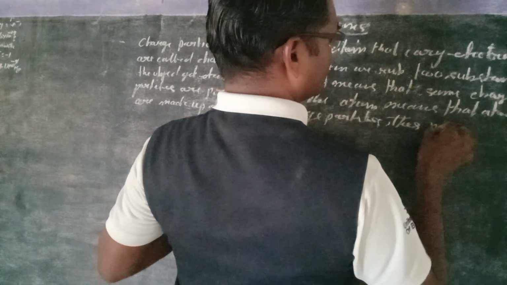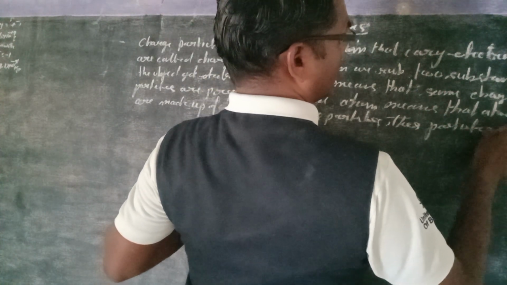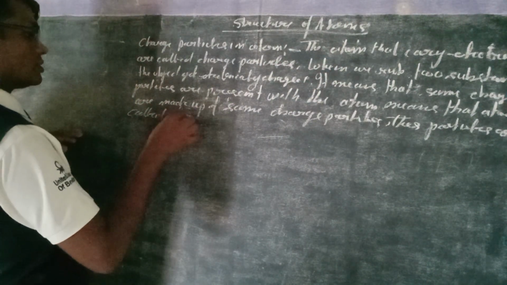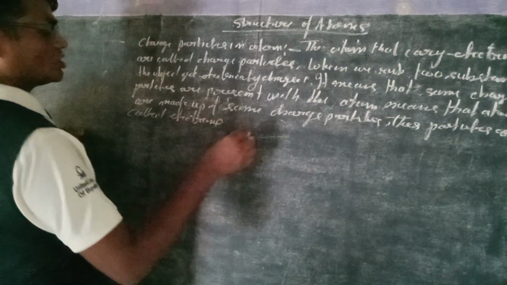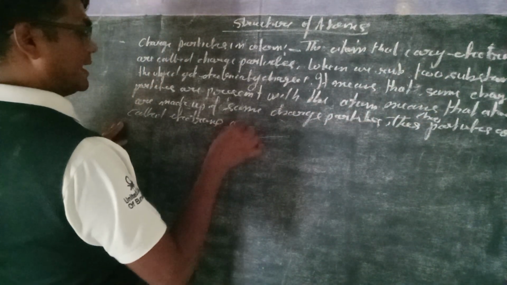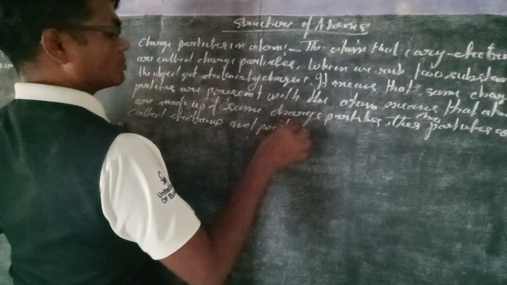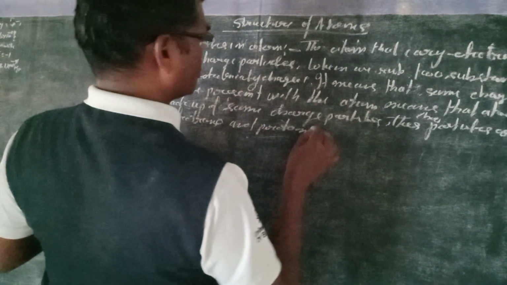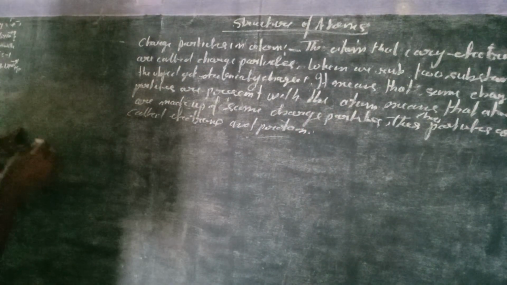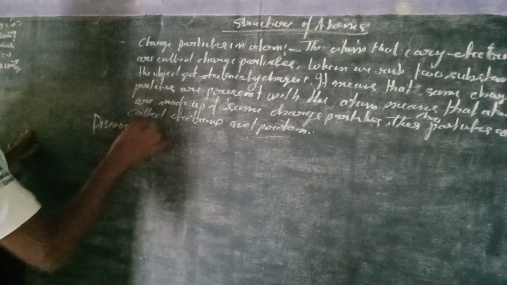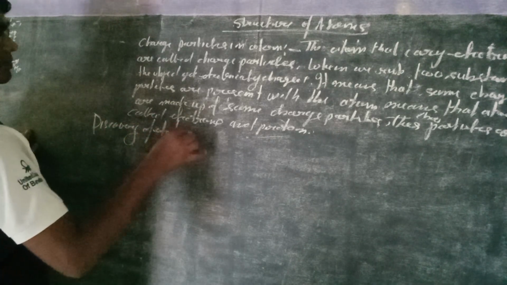These charged particles are called electrons and protons, because the particles are three: electron, proton, neutron, but the charged particles are only two: electron and proton. And here is the discovery of electrons. Now we will discuss the discovery of electrons.